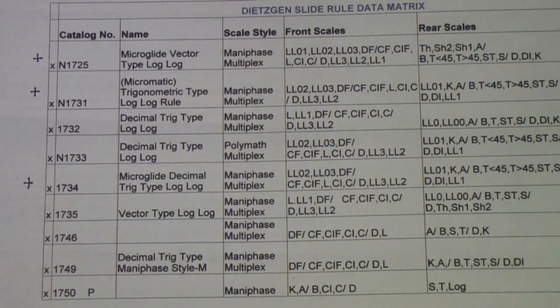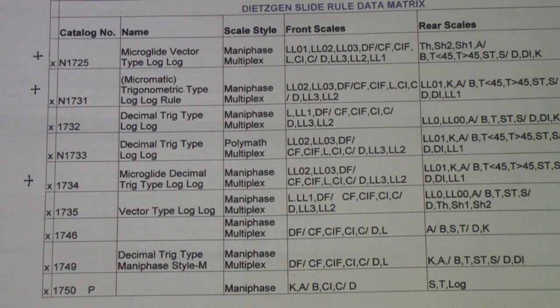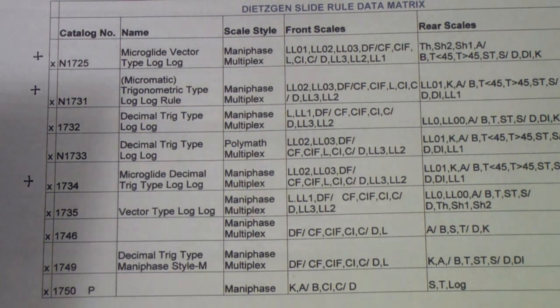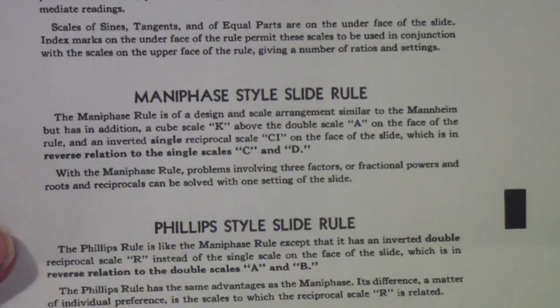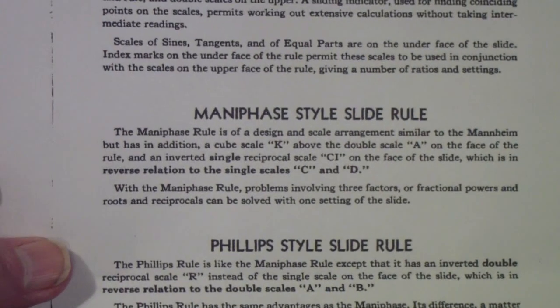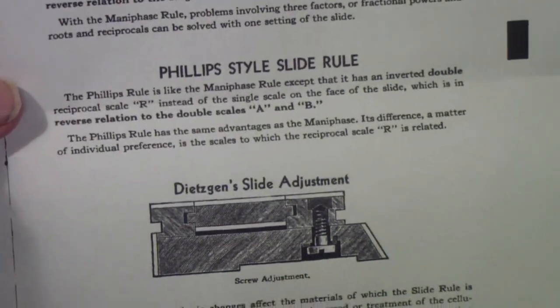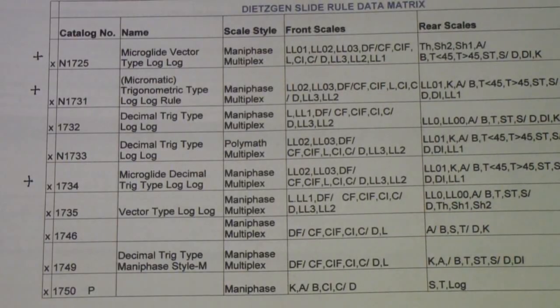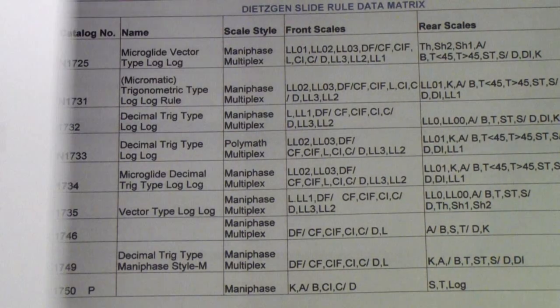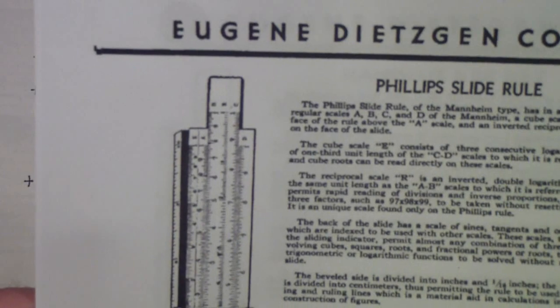But before we do, I thought I would just show you a few pages from the Dietzgen catalog. In the early days, they built Mannheim slide rules and then what they called monophase slide rules, including the Phillips style. And basically these were simplex rules with just a single side to them.